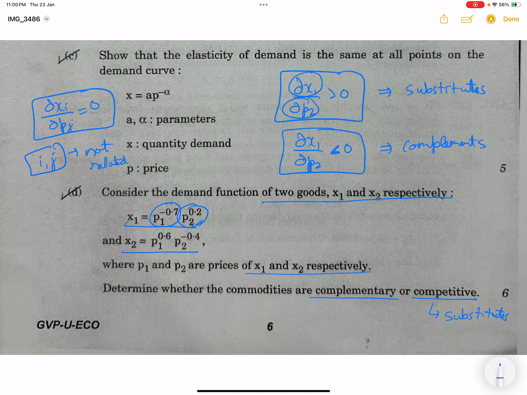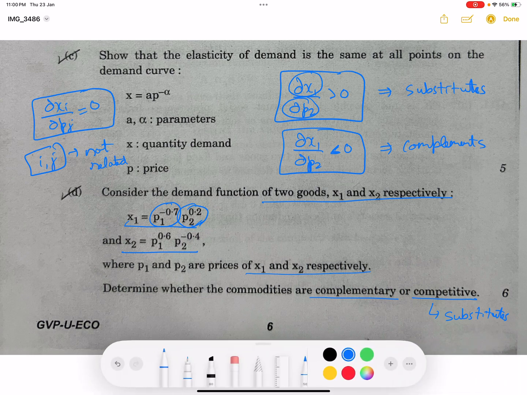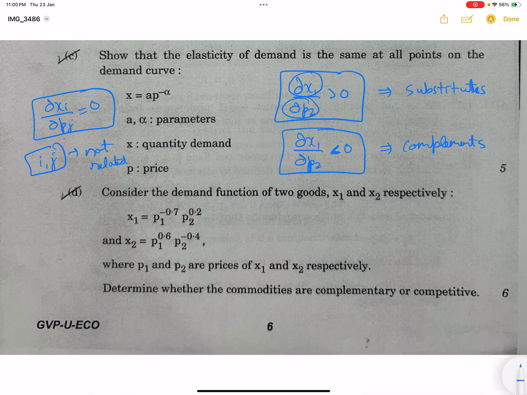So solving this, before this, del x1 by del p1 is coming out to be less than 0, which means the law of demand is satisfied in this case. This is coming out to be minus 0.7 p1 to the power minus 0.7 minus 1, minus 1.7, into p2 to the power 0.2.